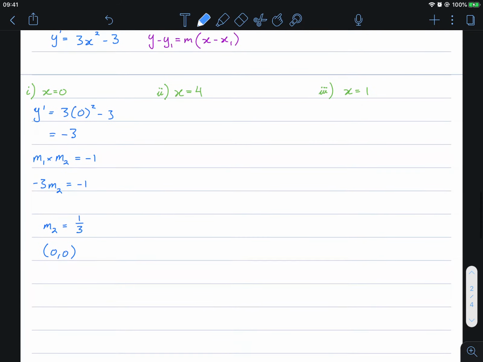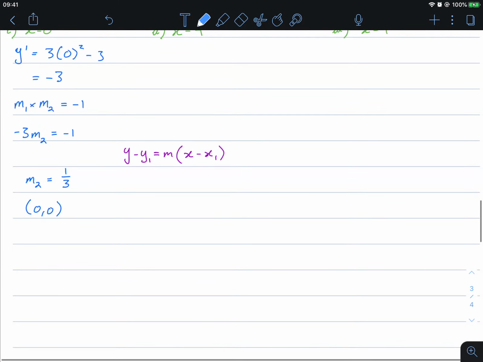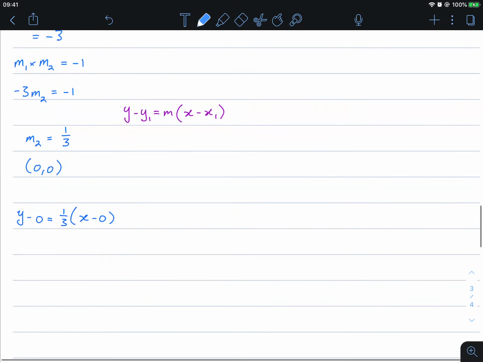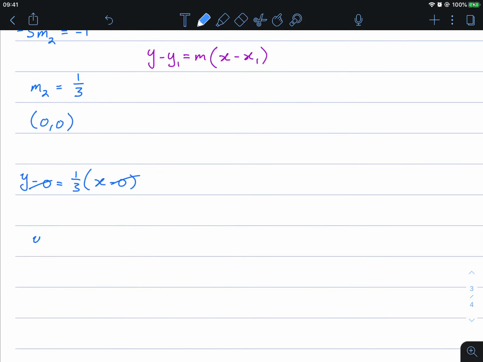Using now the point gradient formula, it becomes y minus y1, which is 0, equals m. The gradient is 1/3 times x minus x1. Disregarding the zeros, this becomes y equals 1/3 x.